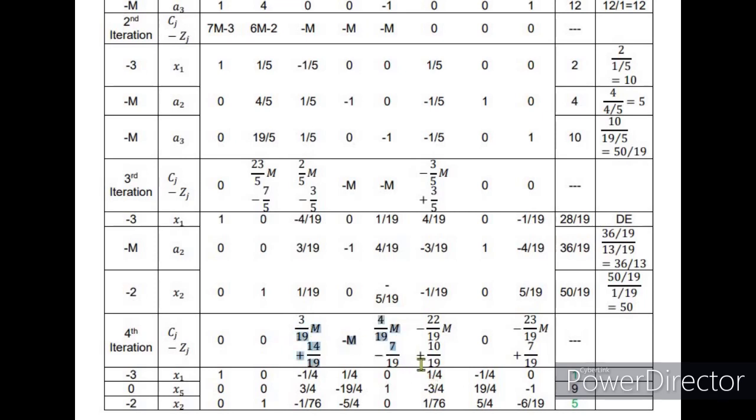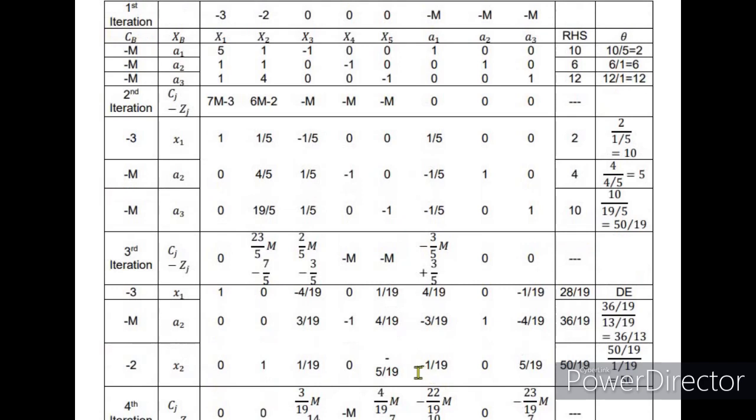So which is higher among these two? The higher one is 4 over 19 because it is higher than 3 over 19. Okay, so we will choose this. So what column is this? This column is x sub 5 because this one is x sub 1, x sub 2, x sub 3, x sub 4, and x sub 5. Okay, so we choose the column of x sub 5.